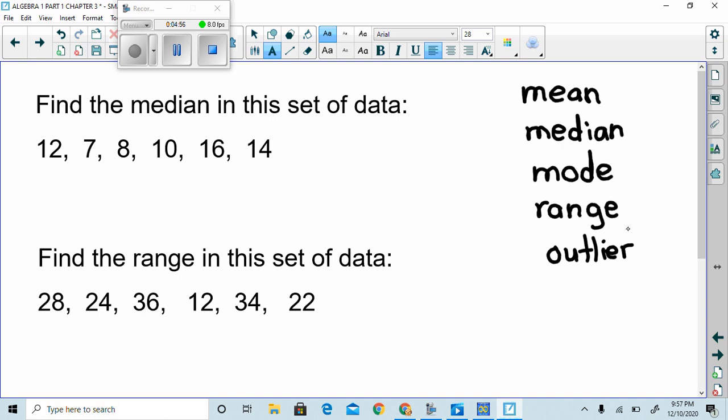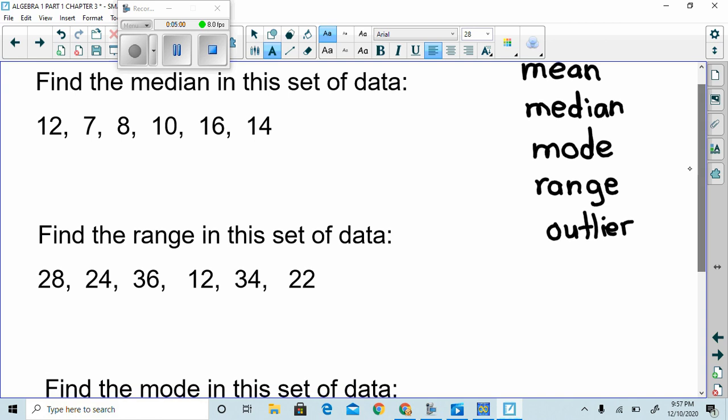Here's a set of data. Find the median. Think about median as a middle. But if there's an even number of data items, we need to find those two middle numbers, add them together, and divide by 2. So count up the data, 1, 2, 3, 4, 5, 6.